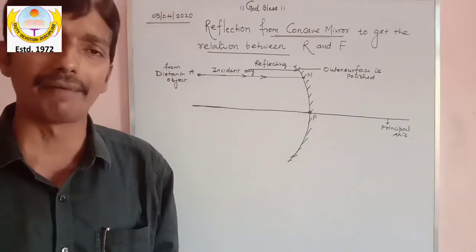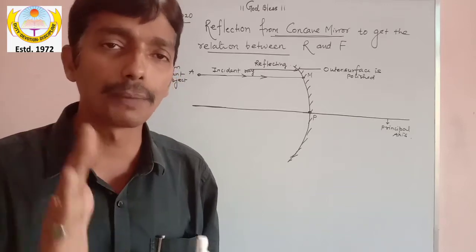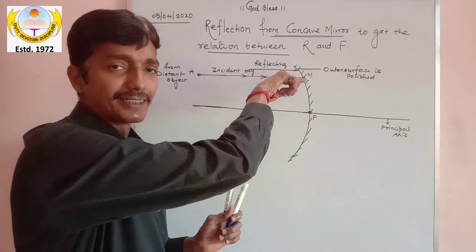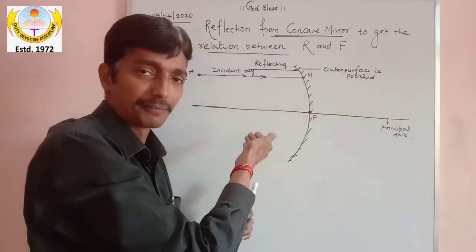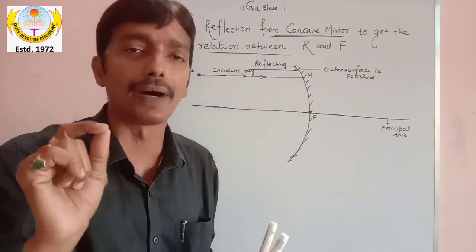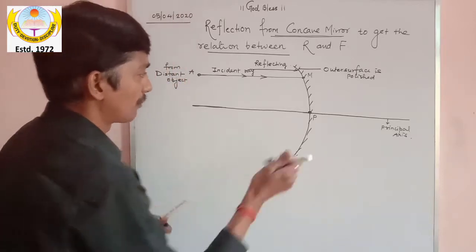My dear, everybody has knowledge of the property. Now what is the first property? The property says that any ray which is parallel to the principal axis and falls on the mirror, after reflection, I repeat, after reflection it will pass through the principal focus. So let us see what happened here.